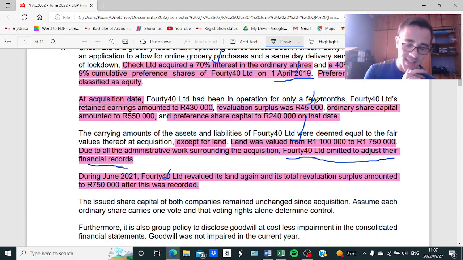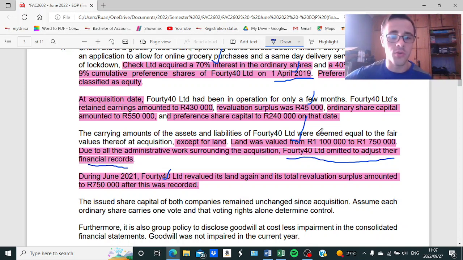Now, the question is whether we need to record the 650,000. So we adjust the value of land and buildings by 650,000 as it is given at the end of the year, or do we ignore it? The procedure to follow in this case will be as follows.